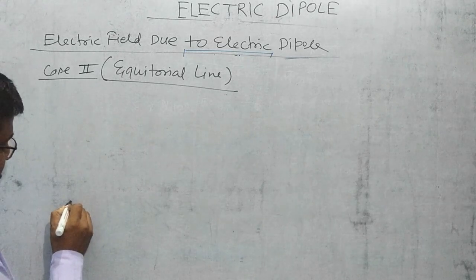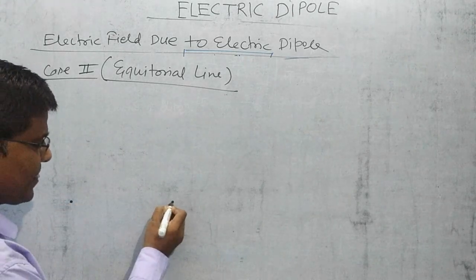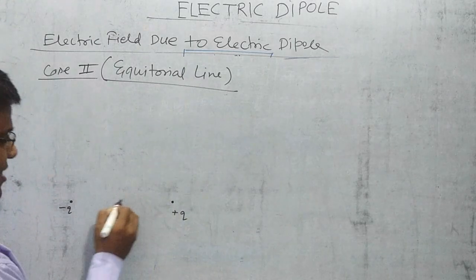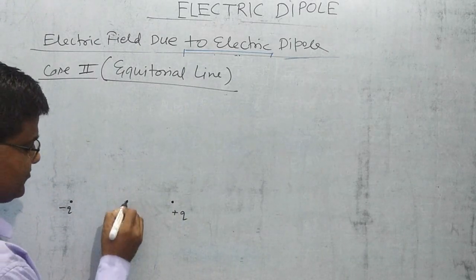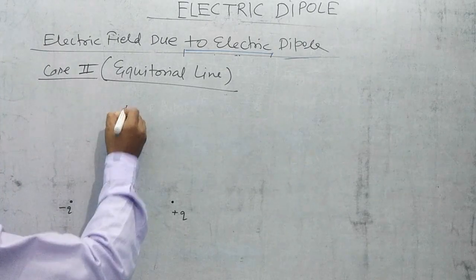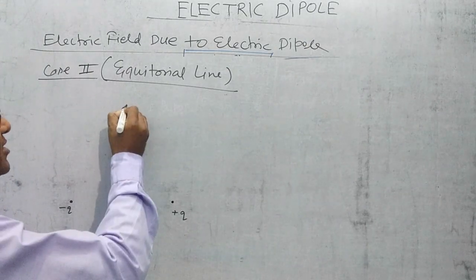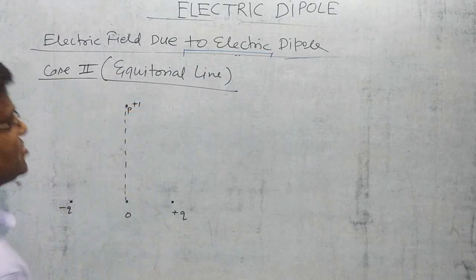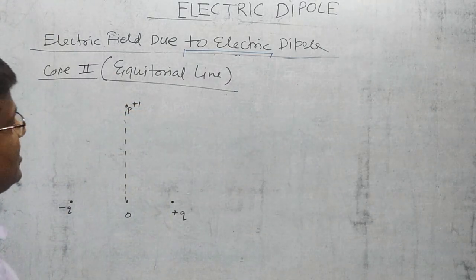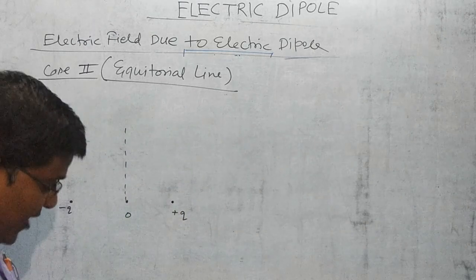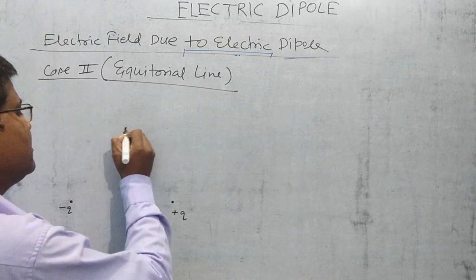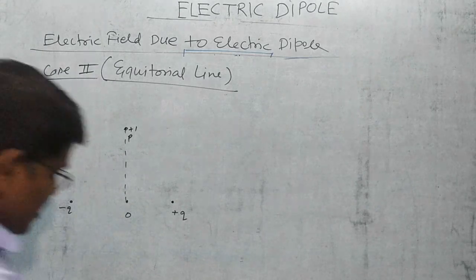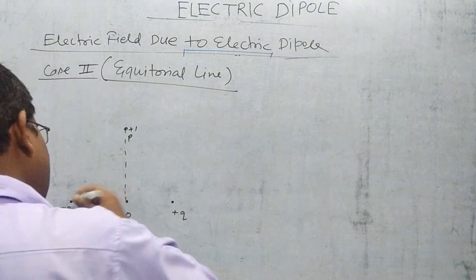Equatorial means, suppose this one is the minus charge, this one is the plus charge, and this is the center O. We have to find the electric field at this point. Then you must put a charge plus 1 at the point where you want to find the electric field, P. This is the point.